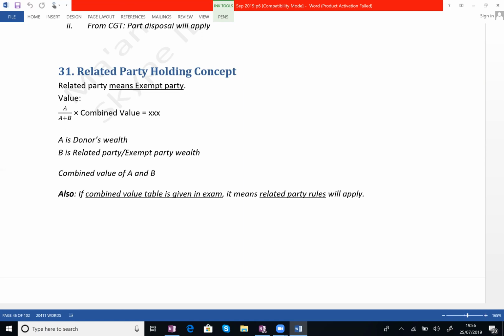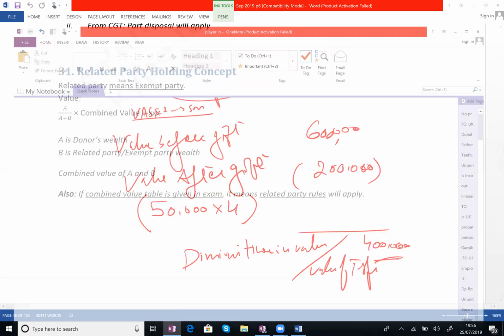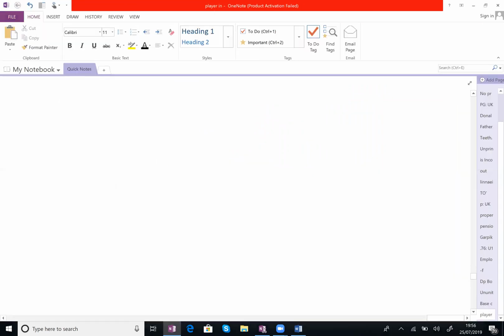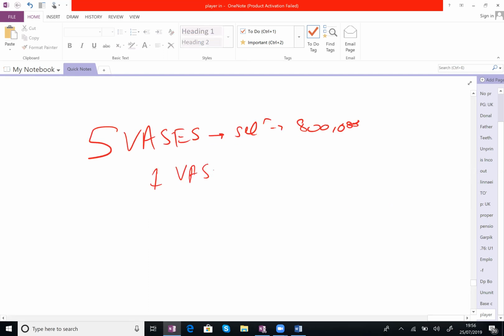For example, in the same scenario, Mr. A has 5 vases, the set value is 8 lakh, and one vase value is for example 50,000.